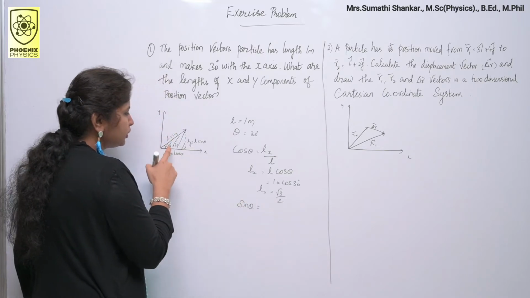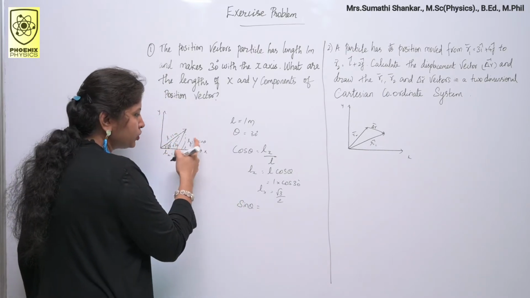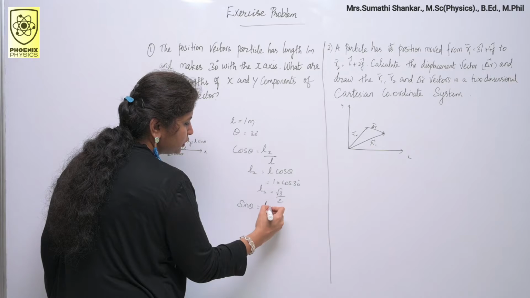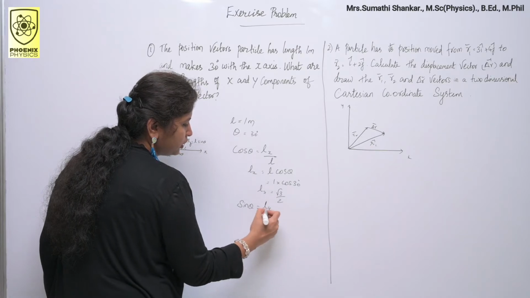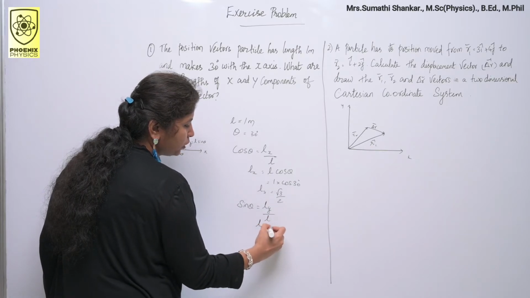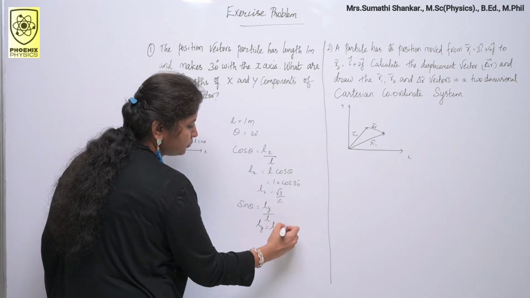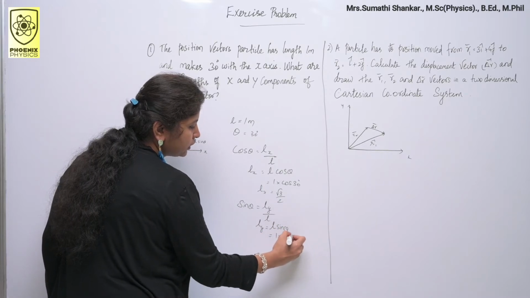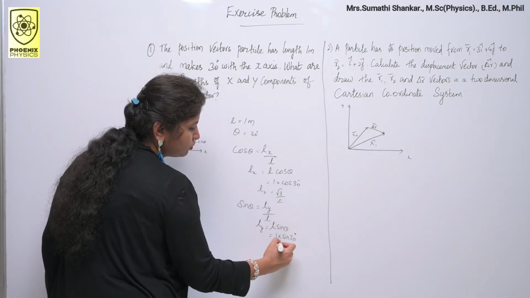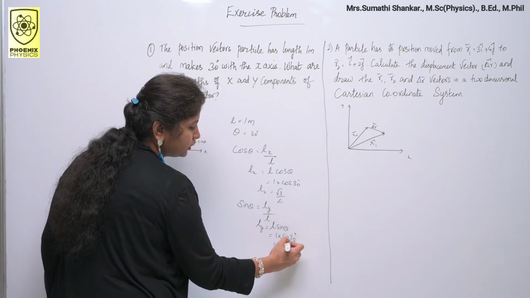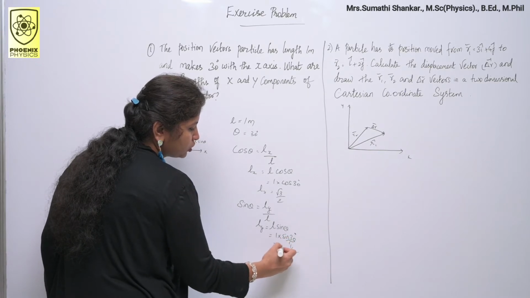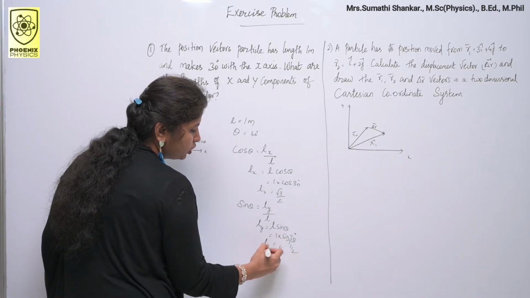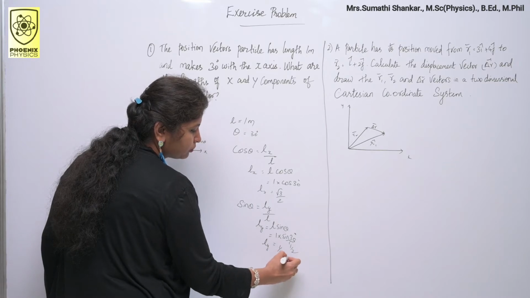What is sin theta for this angle? Opposite side by hypotenuse, that is Ly divided by L. If I want to find Ly, it means L sin theta. You know the L value, 1 into sin 30 degrees. Sin 30 is 1 by 2. So your answer is 1 by 2 or 0.5.